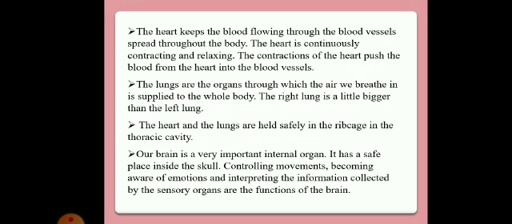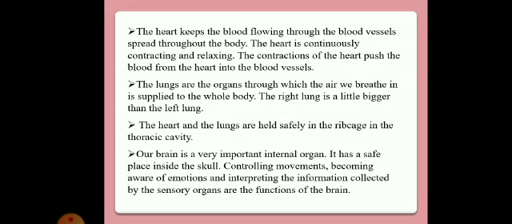The heart keeps the blood flowing through the blood vessels spread throughout the body. The heart is continuously contracting and relaxing. The contractions of the heart push the blood from the heart into the blood vessels. The lungs are the organs through which the air we breathe in is supplied to the whole body.